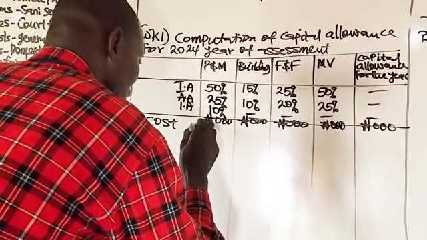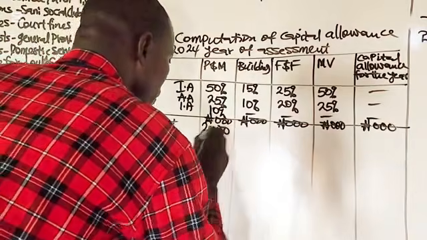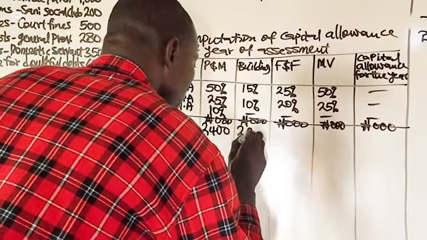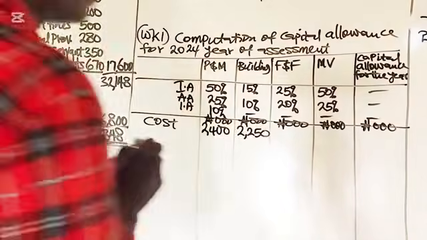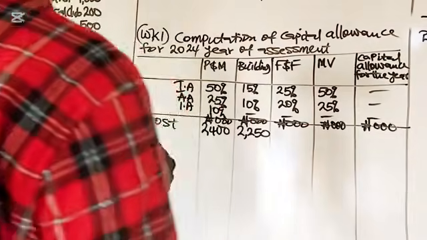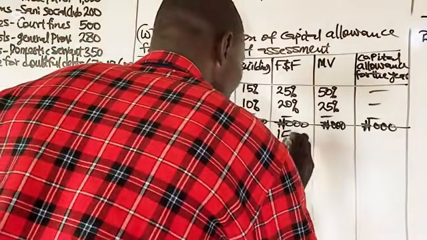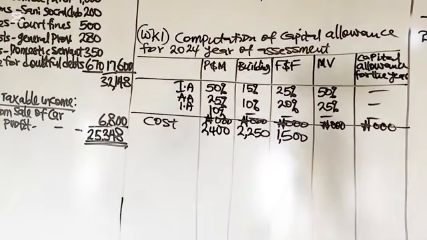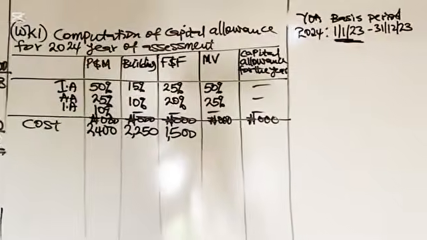Plant and machinery 2.4 million, then building of 2,250,000, then furniture and fittings of 1.5 million, then motor vehicles of 8.5 million.